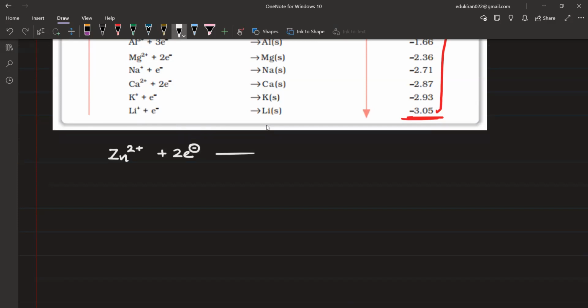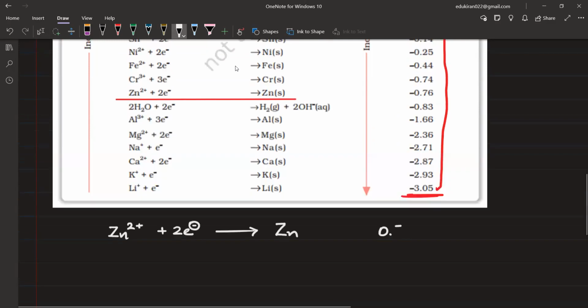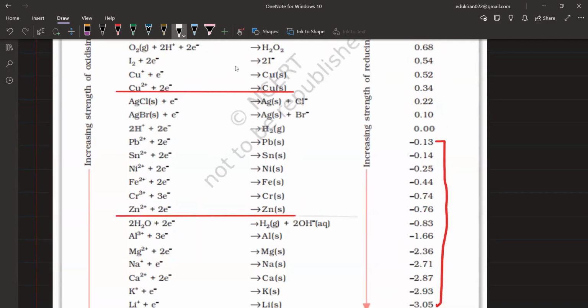What is the value? This is how much? What happened? Giving me zinc. What is the value here? 0.76, right? Look properly. 0.76.